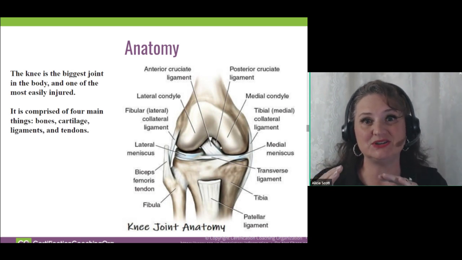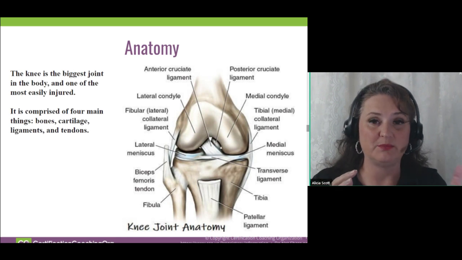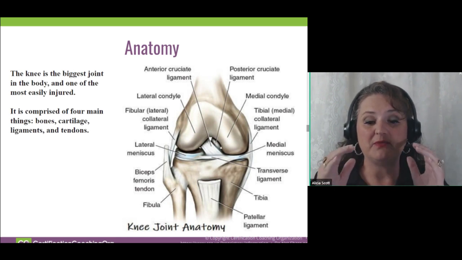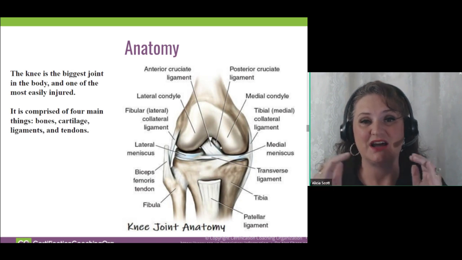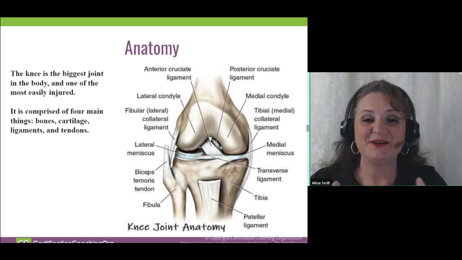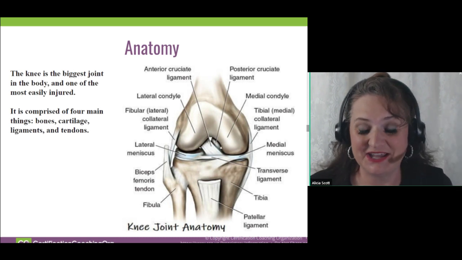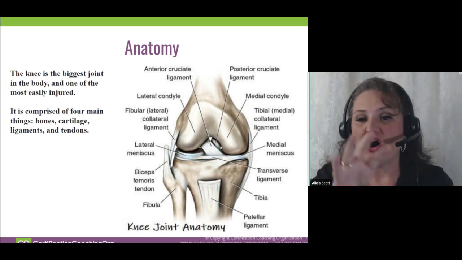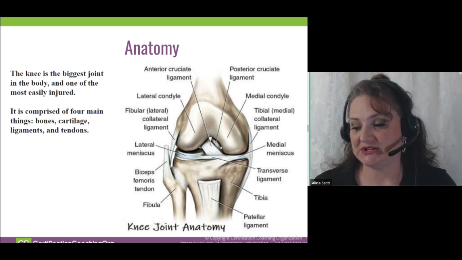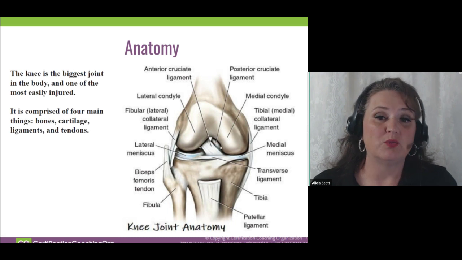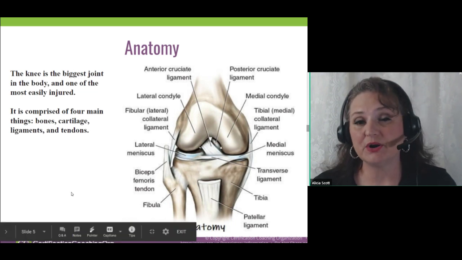Sometimes they leave them, sometimes they don't, depending on whether you're doing a partial knee. But the fact is your new knee is secure, and it's not going to rock and move around. It's kind of like a bionic knee, I guess you could say. So all of this verbiage you will see in the documentation, and it's important to know what they are and also what their purpose is.